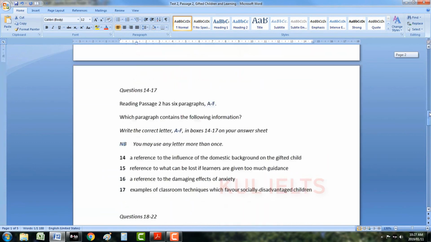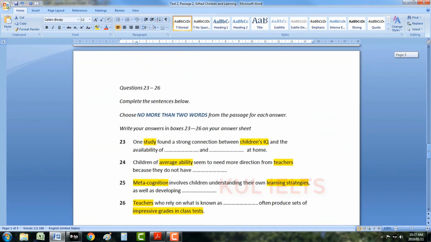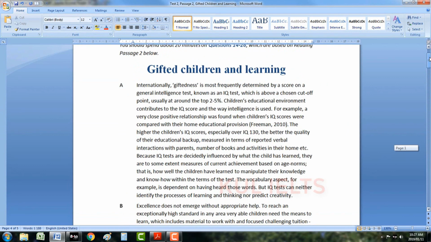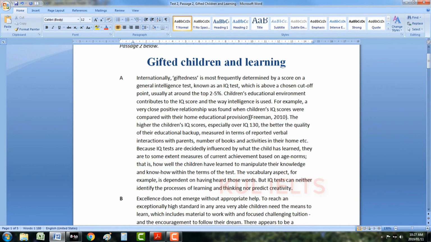What else? A study, a connection, IQ, and something of something at home. I forgot, I didn't see that. A study, IQ, and at home. So there's a study. You can see that immediately. This is the study. I don't see anything about, there's home there.